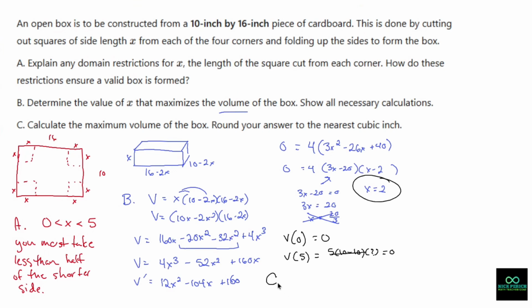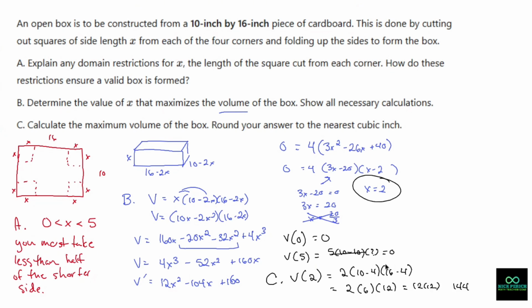So for part C, let's find out why. V of 2 is going to equal, let's use that formula right there, it just seems easier for me, 2 times 10 minus 2 times 2, which is 4, 16 minus 2 times 2, which is 4. That's going to get me 2 times 6 times 12, which is 12 times 12, which is 144.